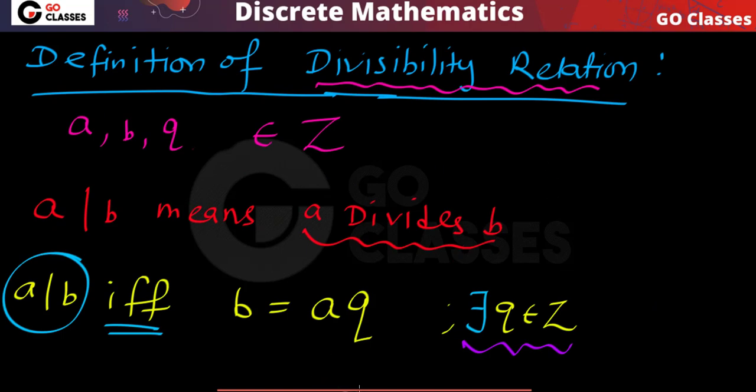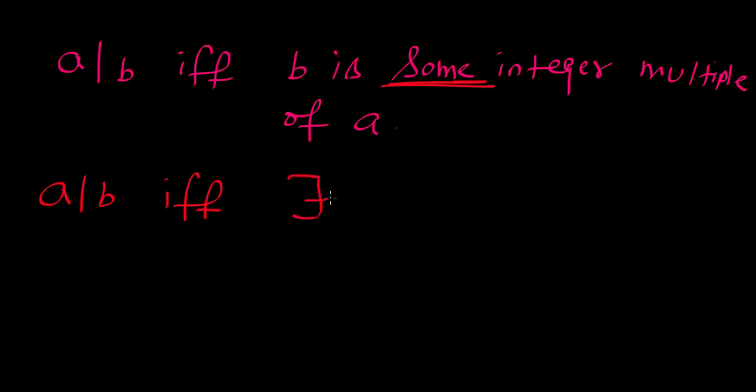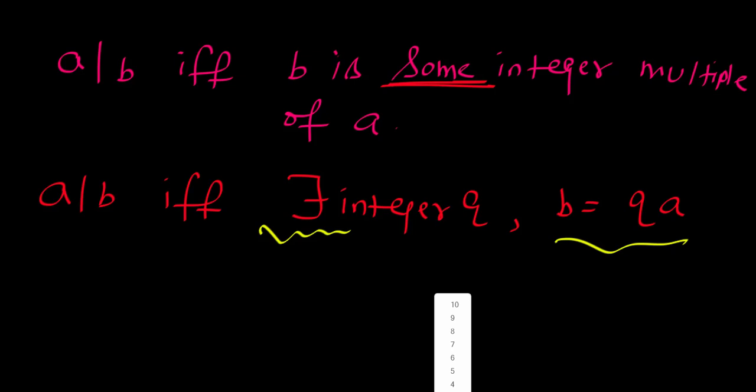A divides B if and only if B is some integer multiple of A. That means there exists an integer q such that B is equal to qA.